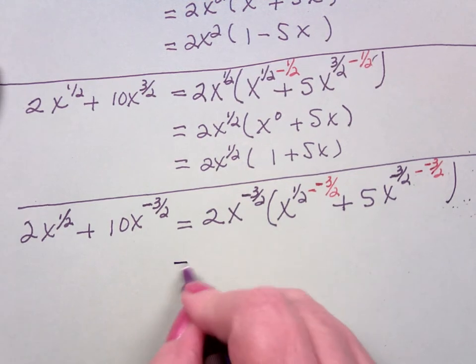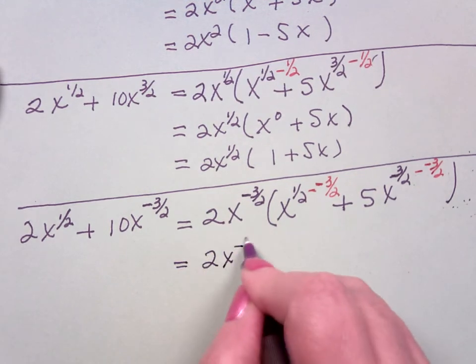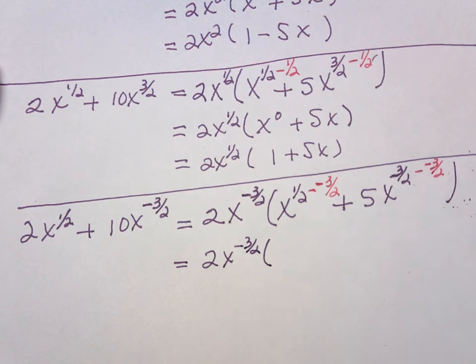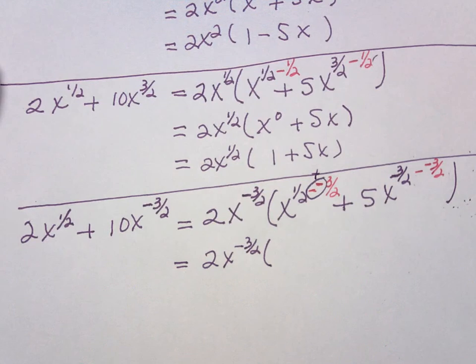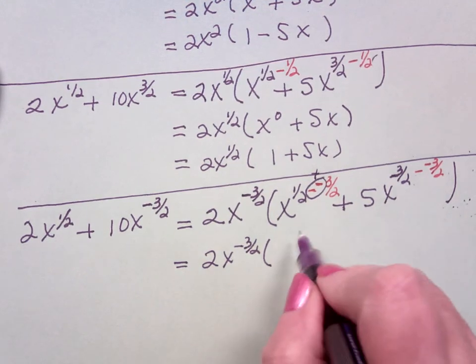So that this becomes 2x to the negative 3/2. A minus and a minus form a plus. So I'm going to have 1/2 plus 3/2 is 4/2. 4/2 is 2.